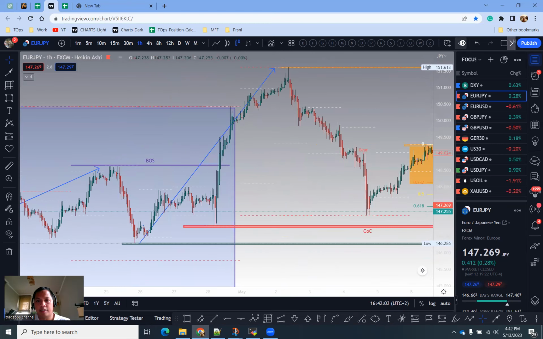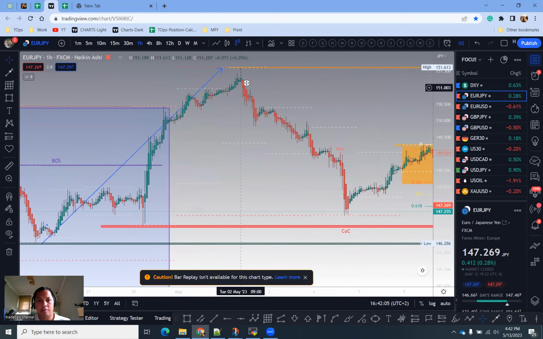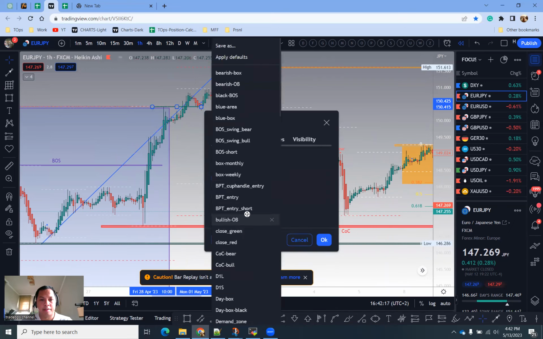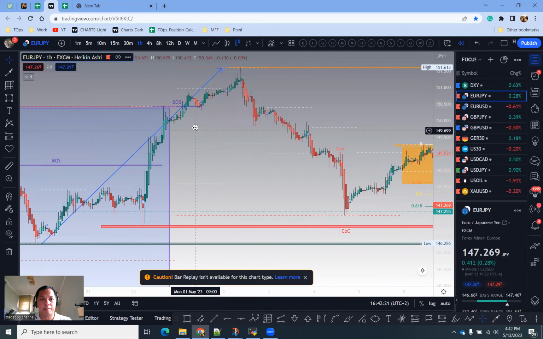So, for example, remind natin na nasa last week tayo. So, halimbawa, May 23. Kaka-breakout lang ng previous week high yung price. So, swing bull.